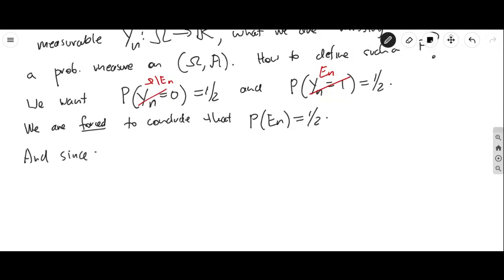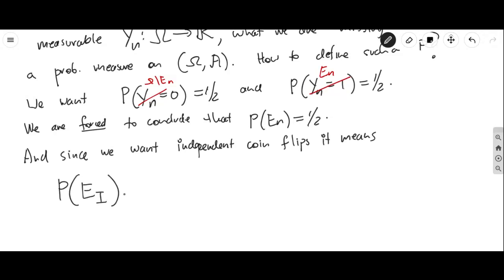Since we want independent coin flips, it means that more generally, the probability of E subscript that multi-index should be equal to (1/2)^n if the length of the multi-index is equal to n. The length is just how many integers you have in the multi-index.